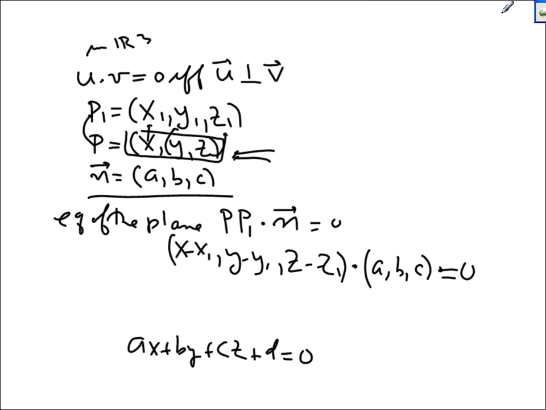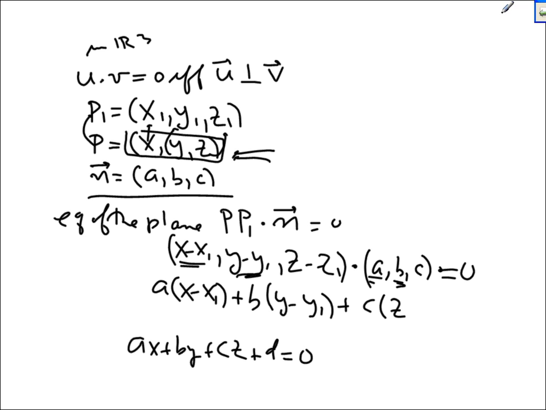Okay? So I multiply the first components. I'll write the a first. I get a times x minus x1 plus the second components get multiplied. B times y minus y1 plus c times z minus z1 equals 0. That's the equation of our plane where x1, y1, z1 is a point on the plane and a, b, c is the vector perpendicular to the plane.